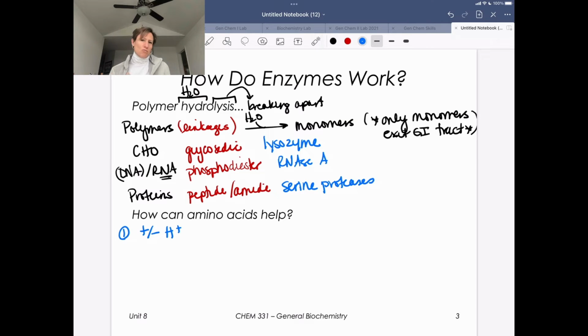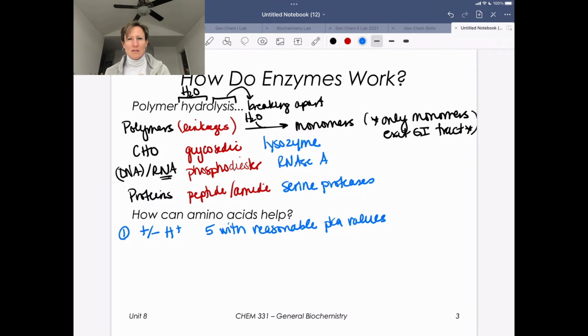And so when we think about what amino acids might be able to help with that, there's really only 5 with reasonable pKa values. Okay, and so we're going to think of these as being our acidic residues, which are negatively charged, and then our basic residues, which are positively charged.